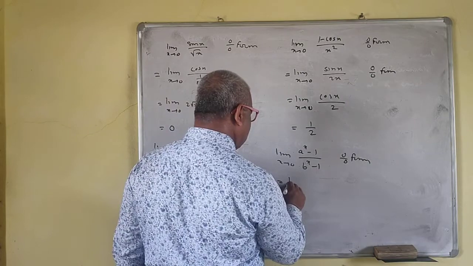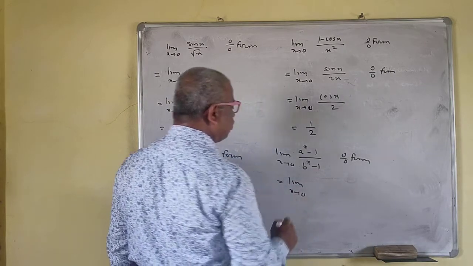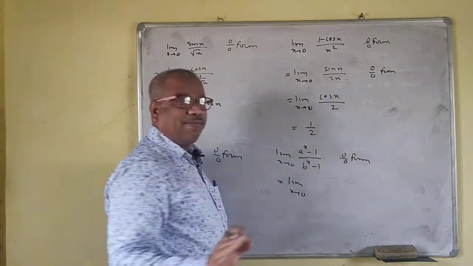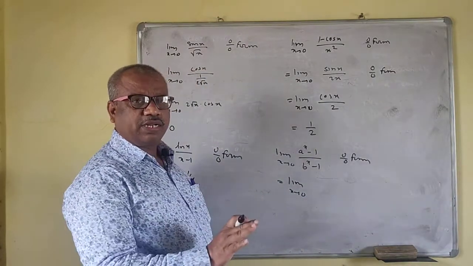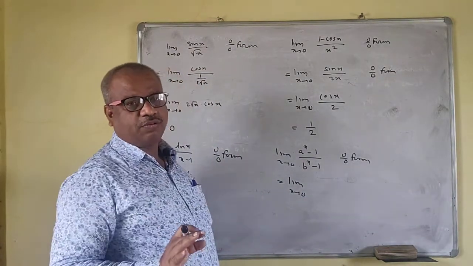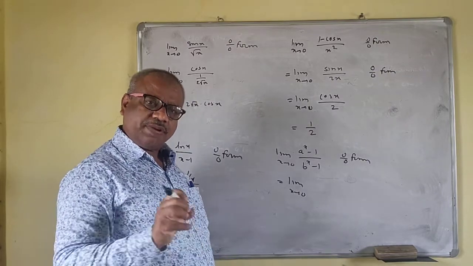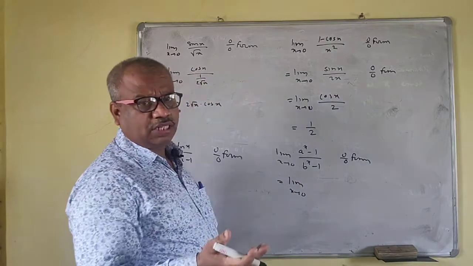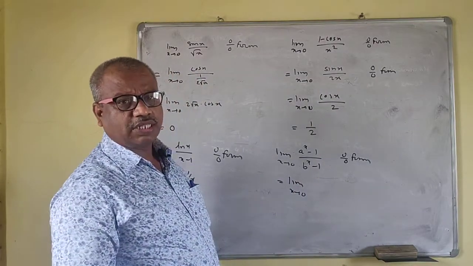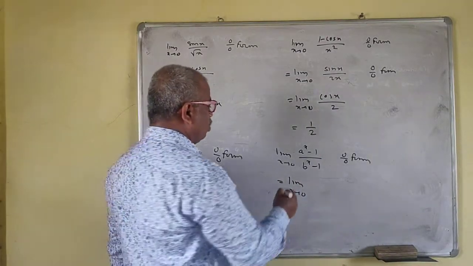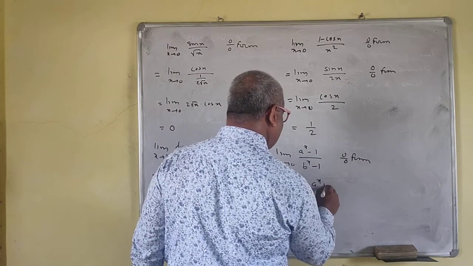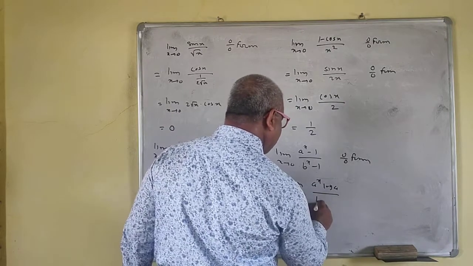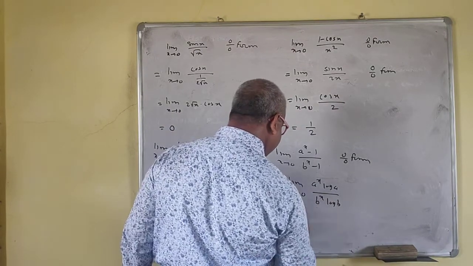So we'll take the differentiation of the numerator. You don't apply the u by v rule here. You have to differentiate the numerator and keep it at the numerator, differentiate the denominator and keep it at the denominator, following the rules of differentiation according to the functions. So this is a raised to x log a, derivative of 1 is 0, and b raised to x log b.